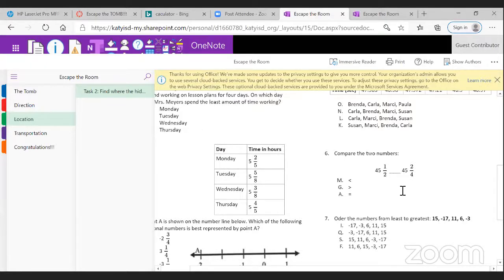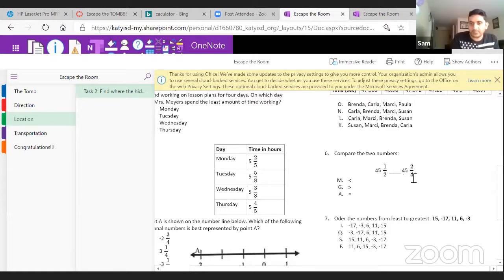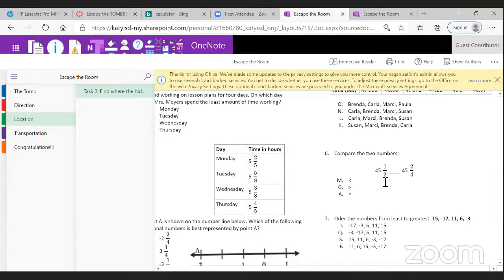And then compare the two numbers. Have to turn that into a fraction. 45.5 and 45 2/4. So this is also 45.5, right? So 2/4 is the same as 1/2. Yeah. 45.5 is bigger than 45 and 2/4?